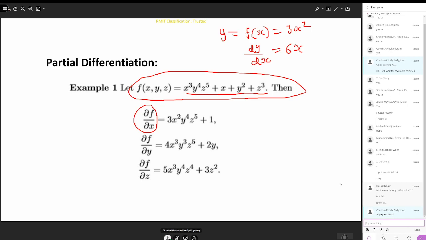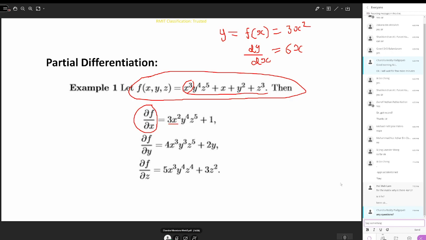When you take the derivative, I only differentiate the function with respect to x and treat all the other variables as constants. So x cubed becomes 3x squared.